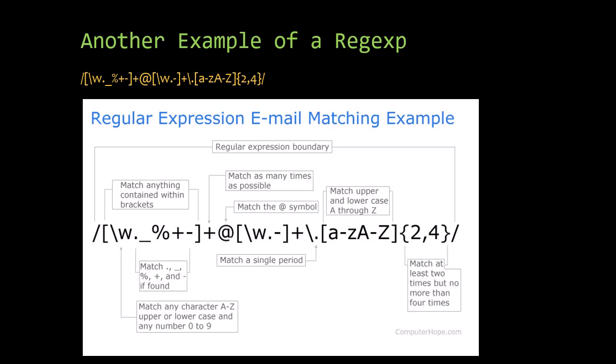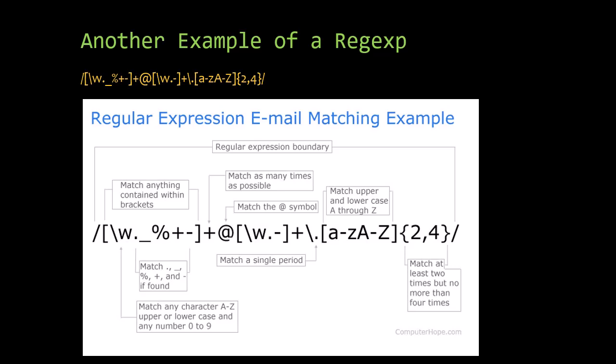I'm not going to go through all of what these symbols mean, but if you want to take a few moments to pause this video and look at how this works, you can look at these little boxes that explain everything here. This says match anything contained within these square brackets. This \w is a metacharacter for any character A through Z, upper or lowercase, and any numbers 0 to 9.